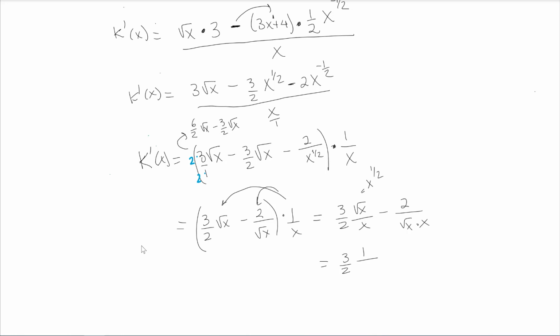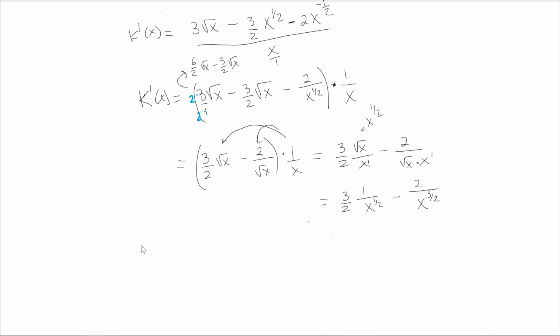So instead, think of doing x to the 1, subtracting from the bottom. 1 minus 1/2 is going to be x to the 1/2 on the bottom, minus 2 over, here they're both on the bottom, so I just do x to the 1/2 times x. So we add the exponents. When you multiply the same bases, you add exponents. When you divide the same bases, you subtract the exponents. So here I get x to the 3/2, and this is our derivative.